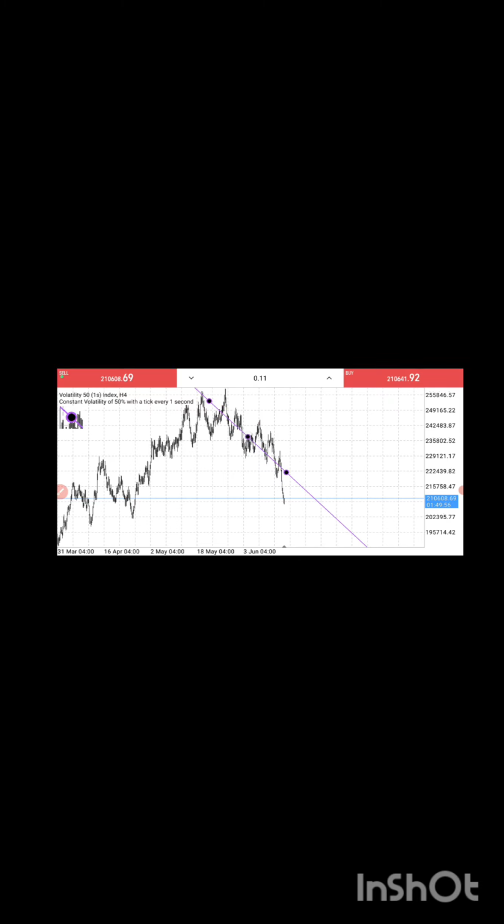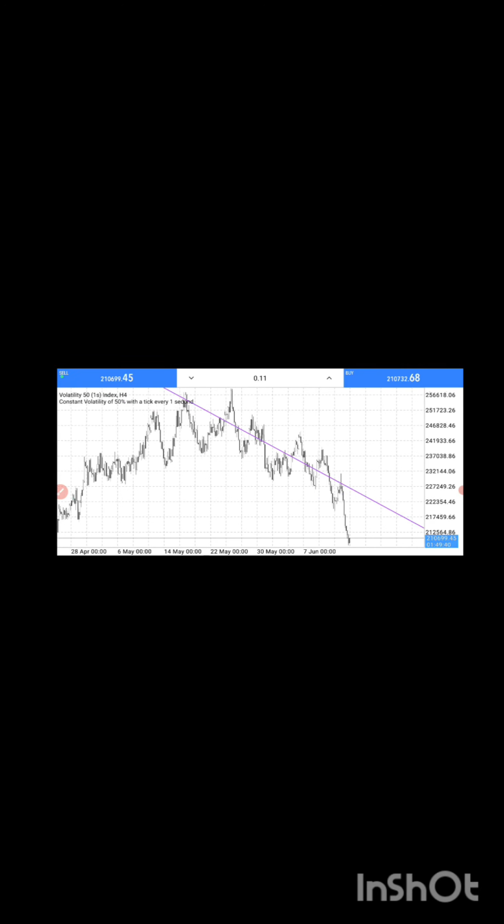This line should be a line of symmetry. Okay, now when you get this line of symmetry, that shows that the price is going to revolve about this line.